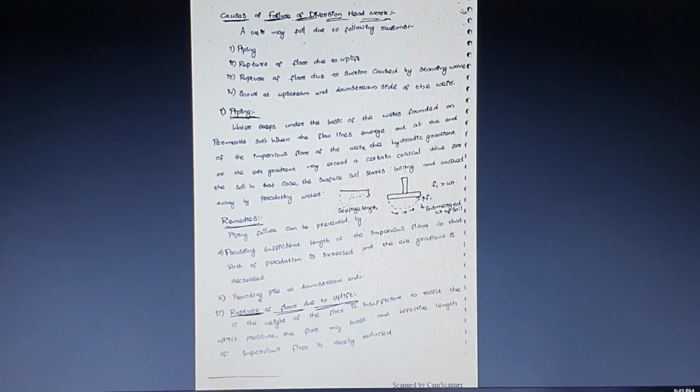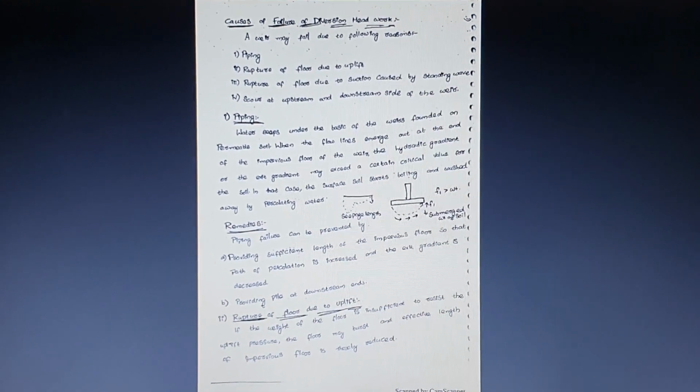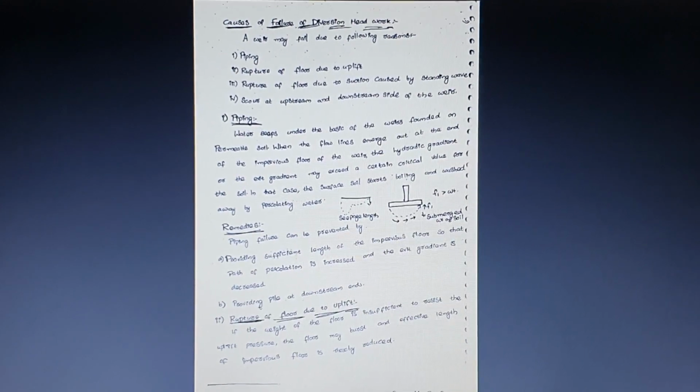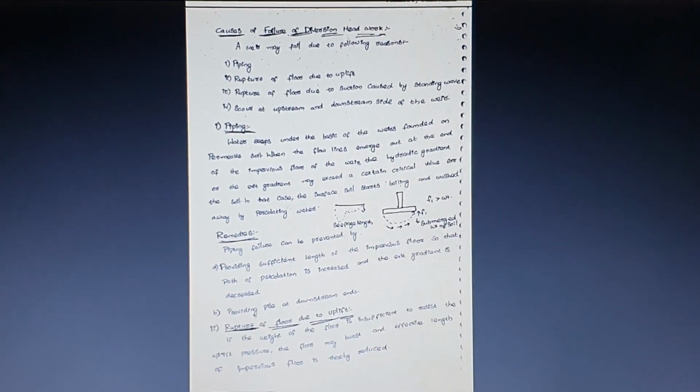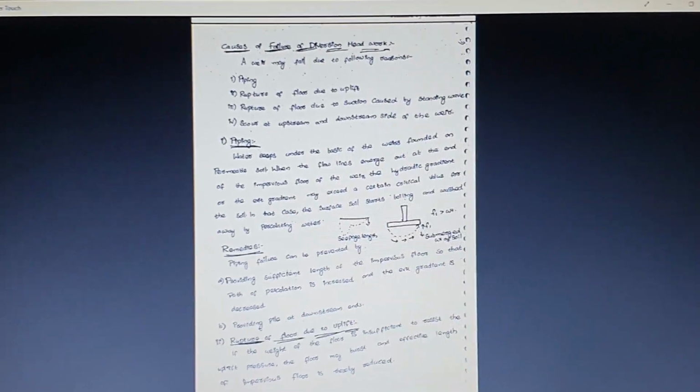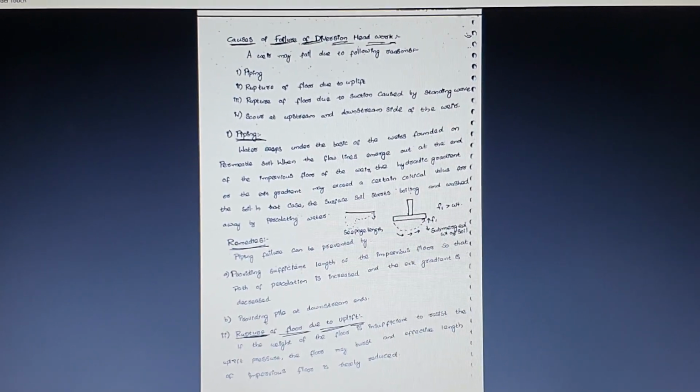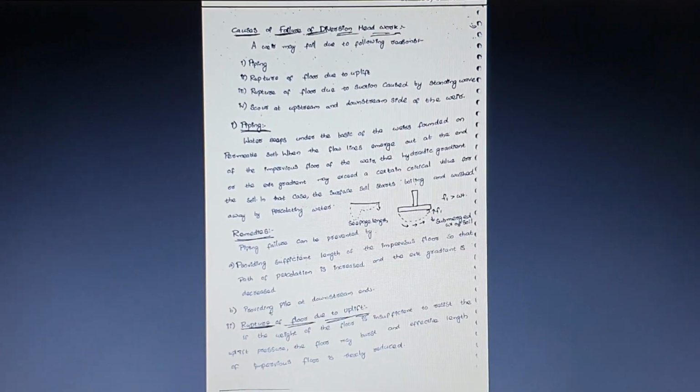What remedies do you need to take to protect against the percolating water carrying soil? Provide a sufficient length of impervious apron, and provide a pile on the downstream side. Whenever we provide the pile on the downstream side, it will not allow the water to percolate along it. That is the first type of failure caused in diversion head work.